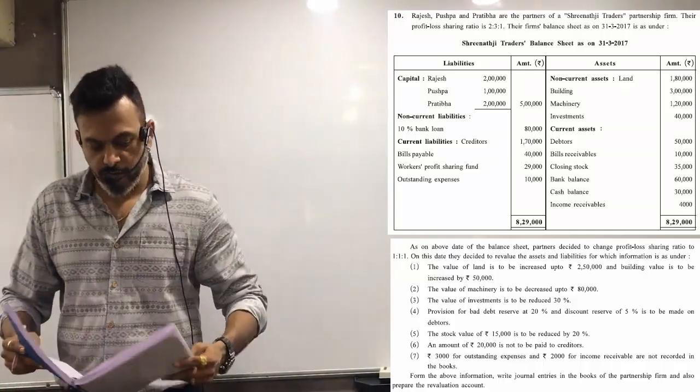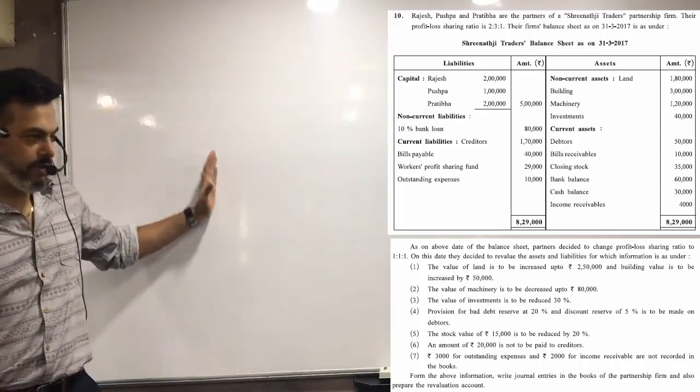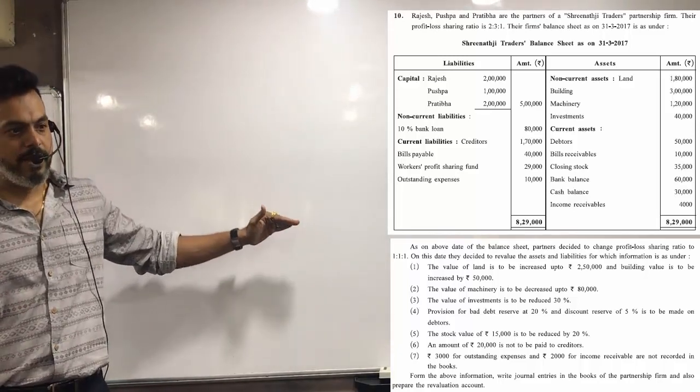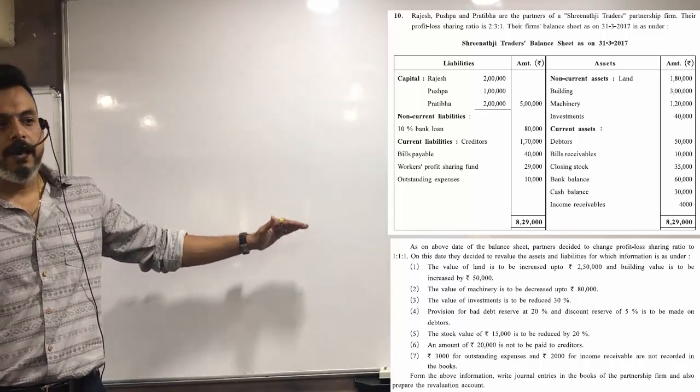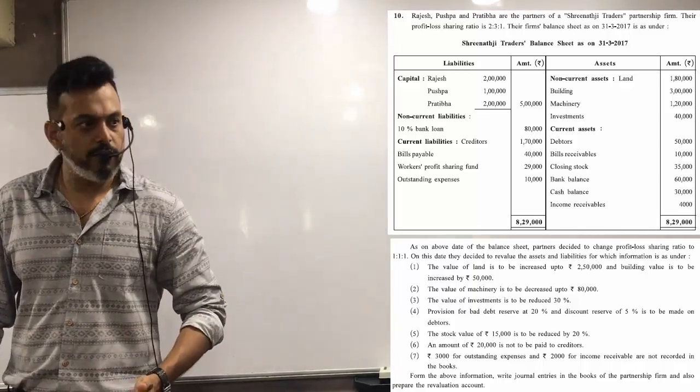So what we will do is, we'll do all. We will prepare journal entries, we will make revaluation account, we will make partners capital account, and we will also make the new balance sheet. Understood this?